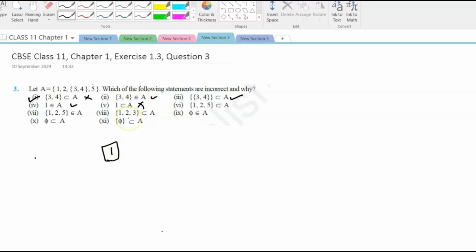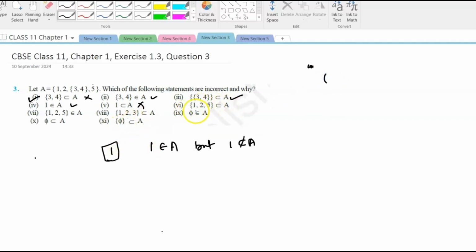So, yes, this statement is incorrect. 1 is an element. So, of course, 1 belongs to A. But 1 is not a subset of A. So, therefore, this statement is incorrect. So, we have the first option which was incorrect, and then we got the fifth option which was incorrect.